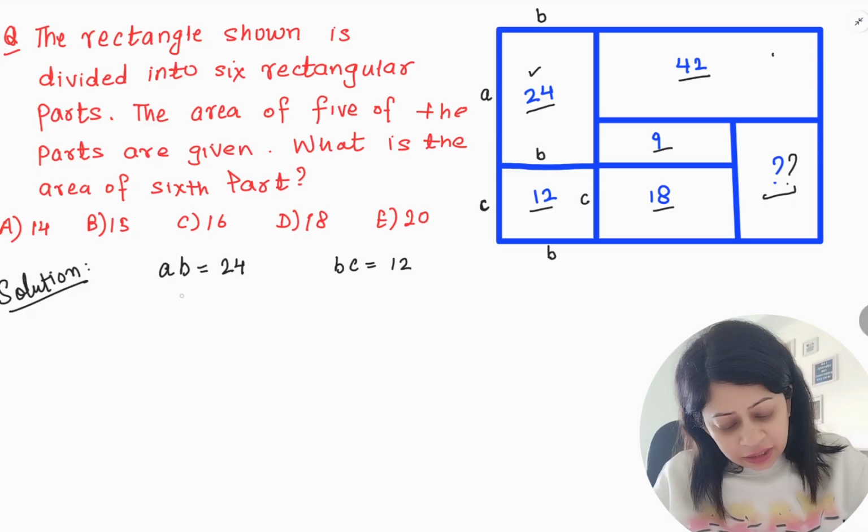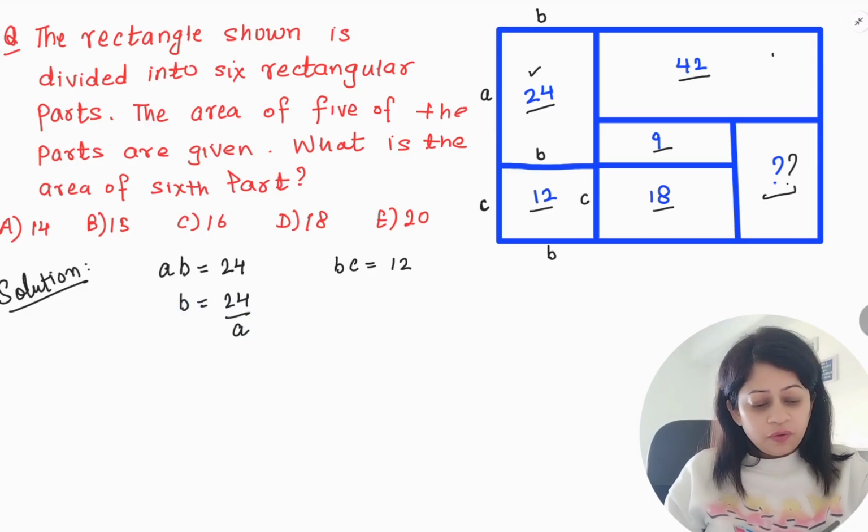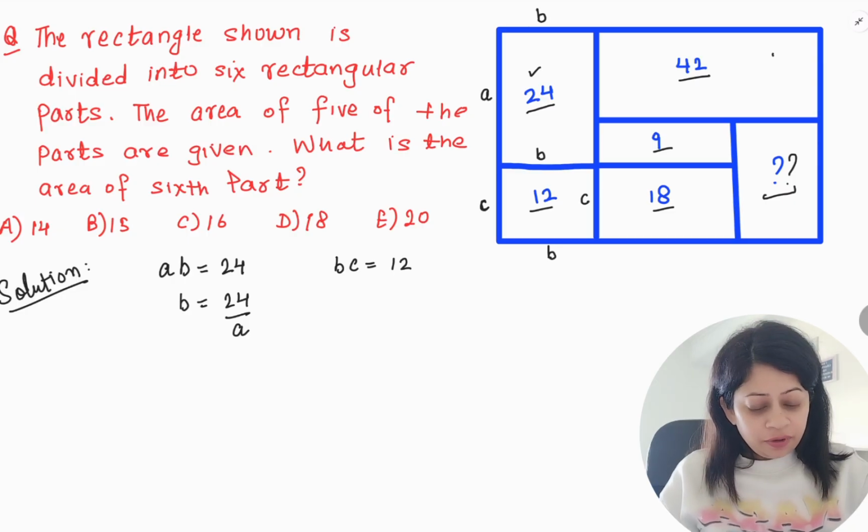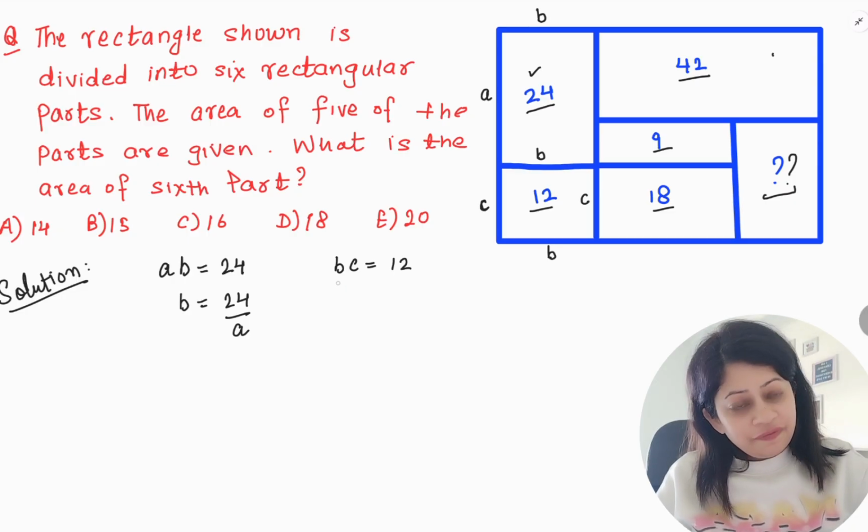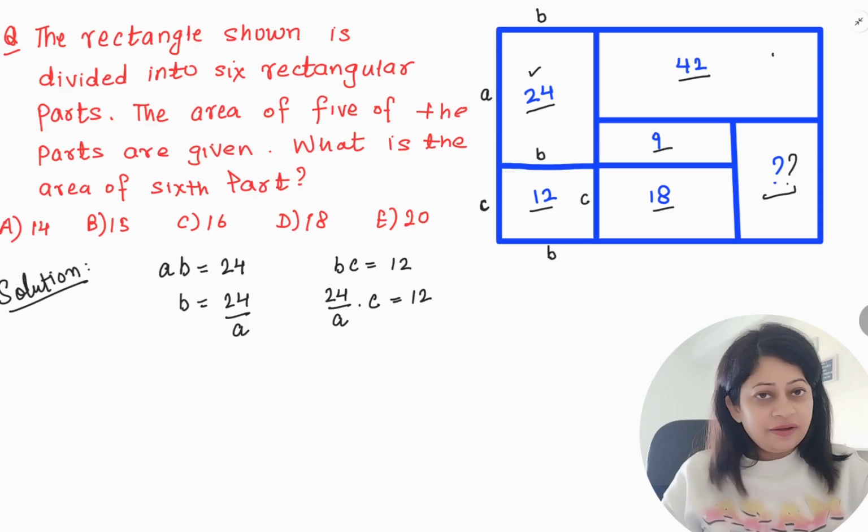If I say that B is 24 by A, then I will substitute the value of B here. I get 24 by A times C is equal to 12, right?